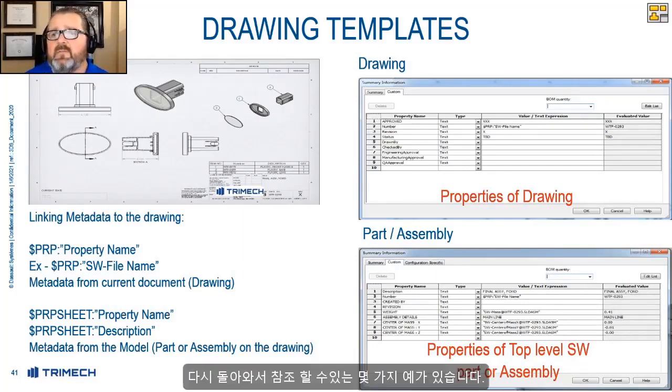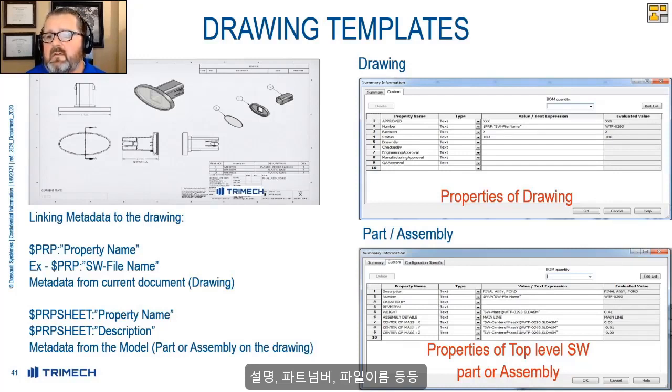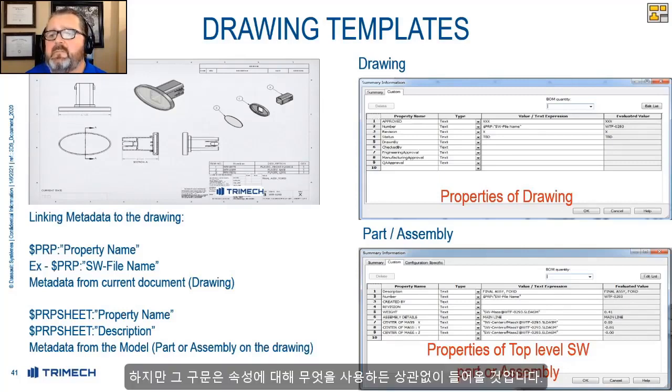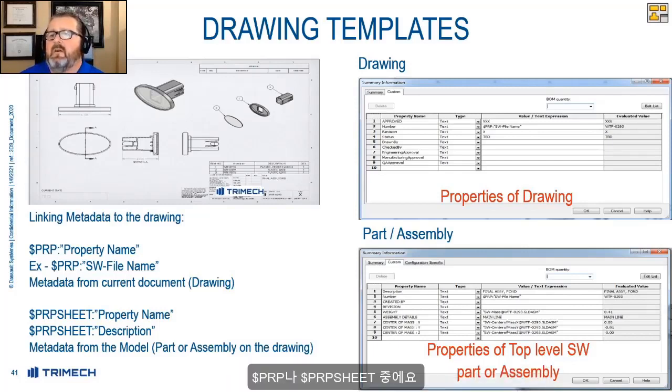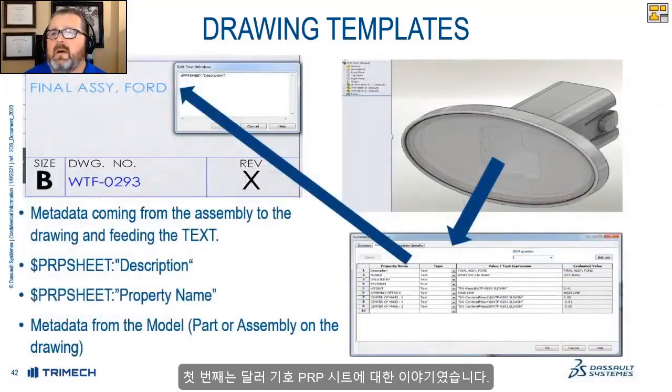There are some examples there that you can come back to and reference: description, part number, maybe the file name, the description off the sheet. But that syntax is going to be common no matter what you're using for the property, with $PRP or $PRP sheet. So first, let's talk about $PRP sheet.